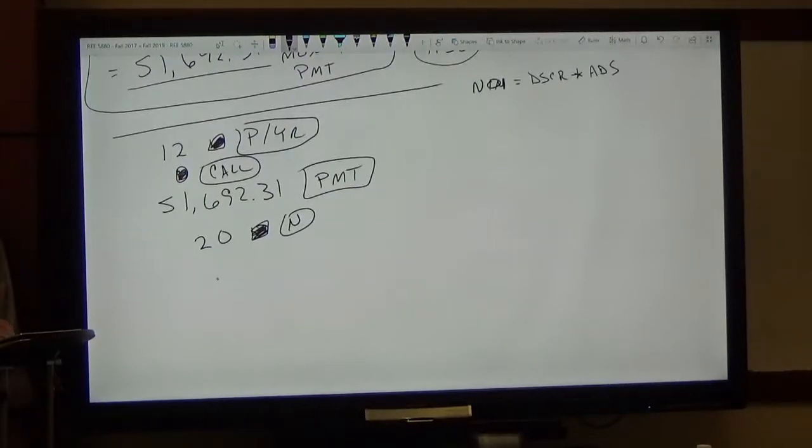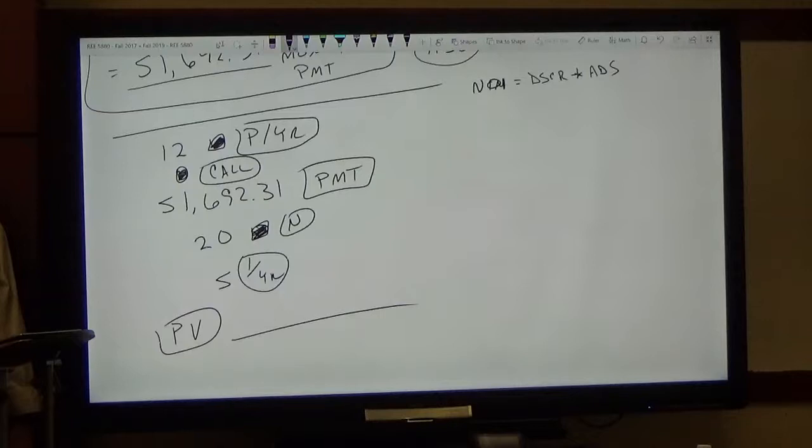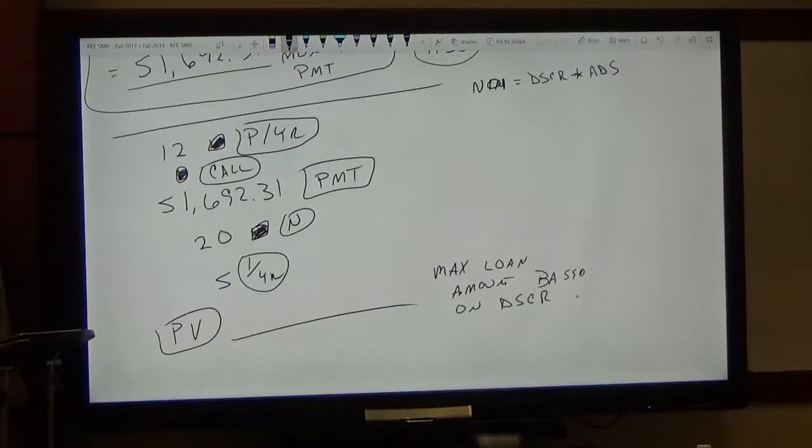Now, what about the interest rate on this loan? 5%? Okay, 5% interest rate. Then we're going to solve for present value, or the loan amount, which would be our maximum loan amount based on the debt service coverage ratio equal to 1.3 and so forth.